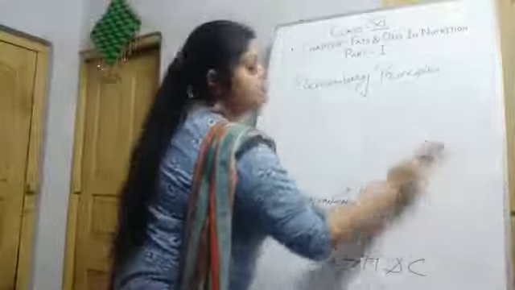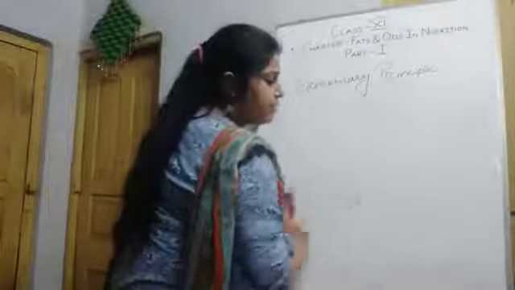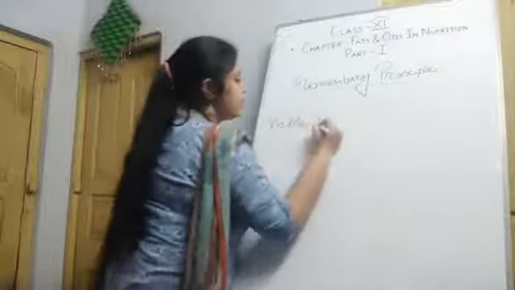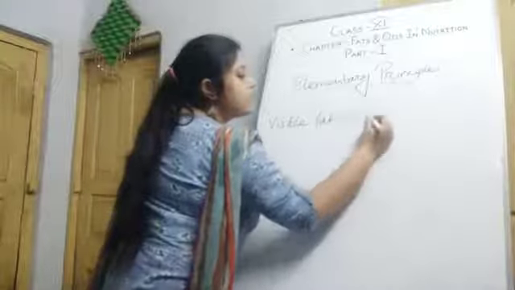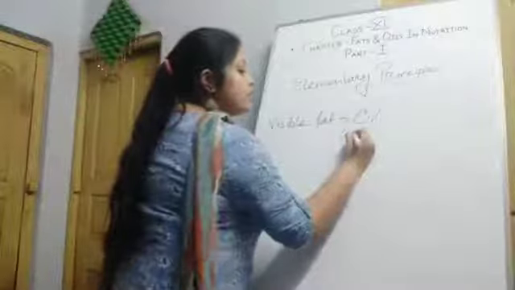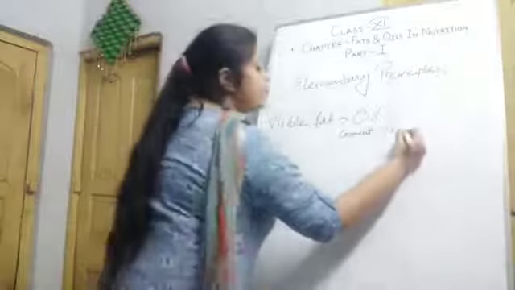Everybody knows what the sources of fat are, right? What are the main sources of fat? There is some categorization of the sources: some are visible fats, some are invisible fats. The most common visible fats are oils, any kind of oils, like coconut oil or palm oil.